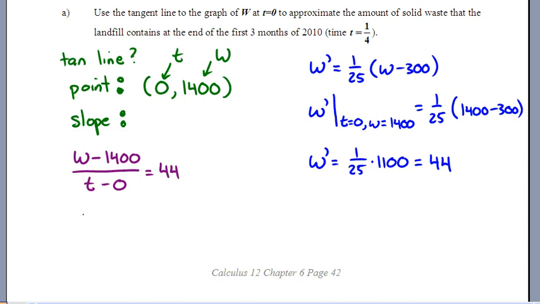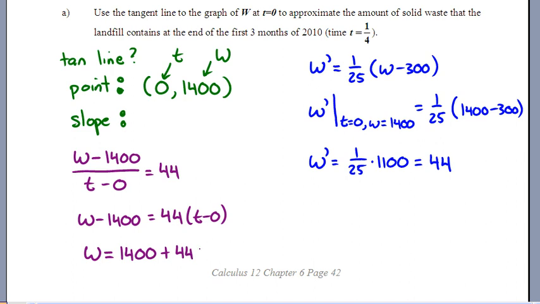Moving that around a little bit, we could say W minus 1400 is equal to 44 times T minus 0. I don't have to put the minus 0 on there. I can move the 1400. I can say, okay, here's a tangent line. It's going to be 1400 plus 44T.